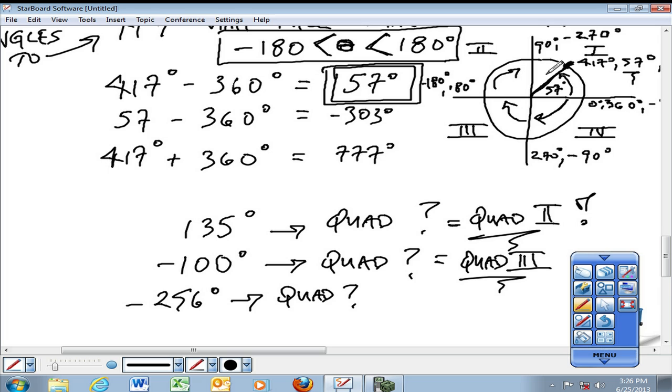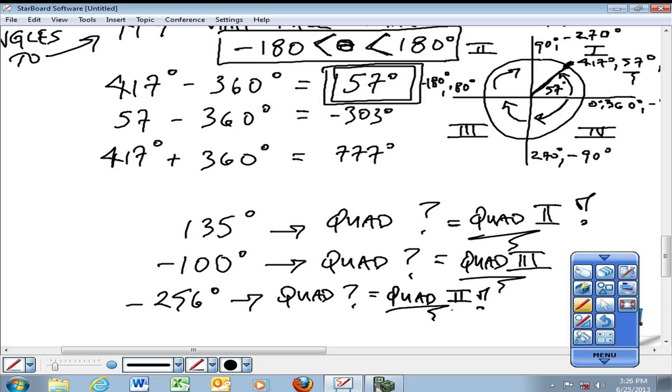So where is our negative 256? It's in this range, somewhere in quadrant 2. Looking at your complex plane, there's negative 90, negative 180. Oh, too far, negative 270, so we're somewhere here. So of course this is going to be your quadrant 2.